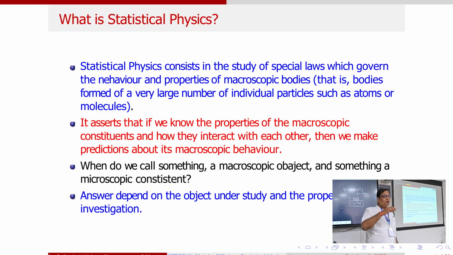So if you know this particular contribution which is coming from every individual particle of the gas, then by summing over all the contributions of the constituent particles and taking the average of it, you will be able to calculate the pressure. Okay, that's how thermodynamically it works.